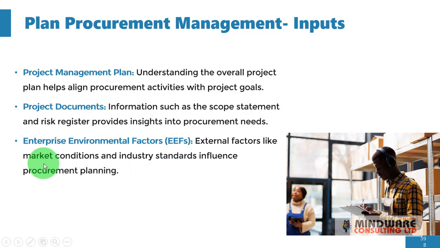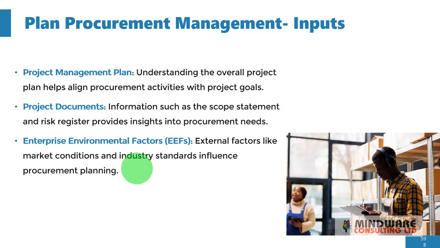What are the market conditions? What are the supply conditions? What are the demand conditions? What are the pricing conditions? All these are market conditions that you're going to have to put into perspective when you're planning your procurement.